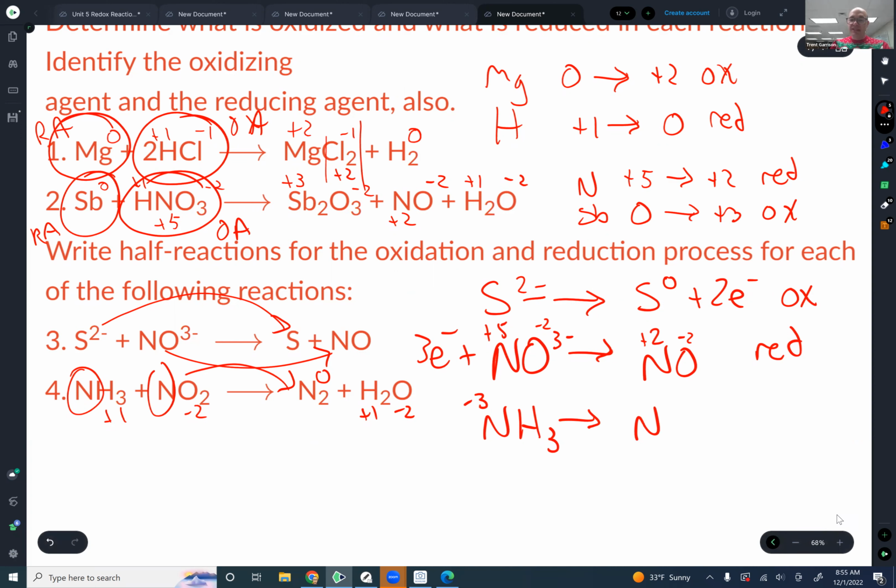And what this means is it's losing electrons. That's oxidation. Then the other nitrogen, NO2, it's going to have a charge of +4, but it is going to go to nitrogen 0. So that means it's going to need to gain electrons. This is reduction.